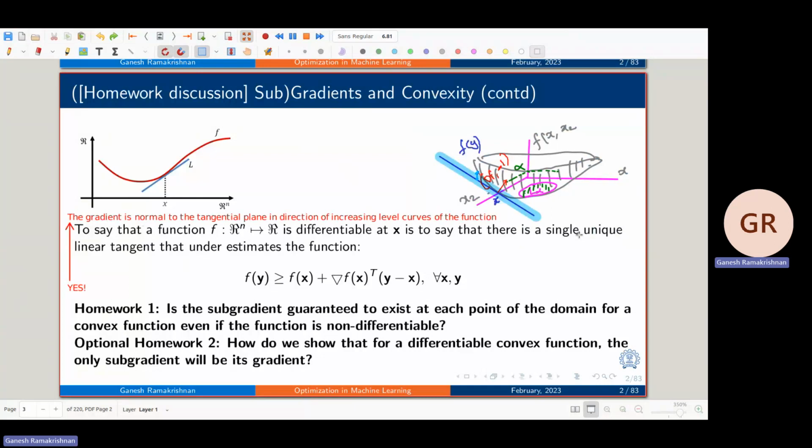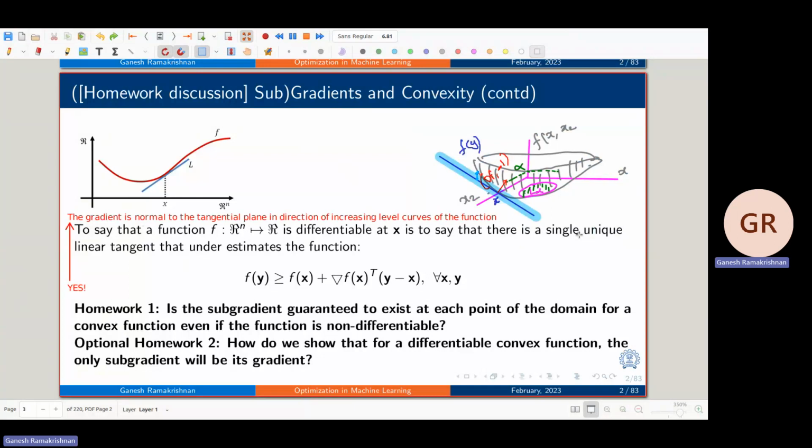Now, if you look at the higher dimensional space of the function value, then this supporting hyperplane is supporting the epigraph of the function, the graph lying above the function. That's what you see there, the epigraph, for the blue tangential hyperplane. And the normal to that is the gradient. Is this clear? The gradient is not tangential to the function; it's normal to the tangent. So this is the intuition.